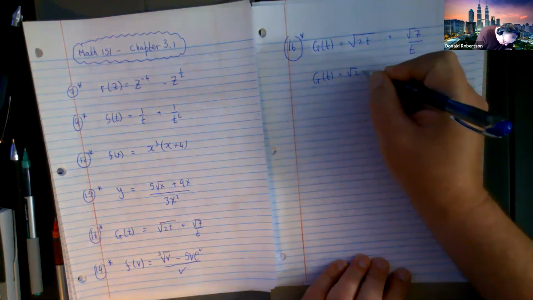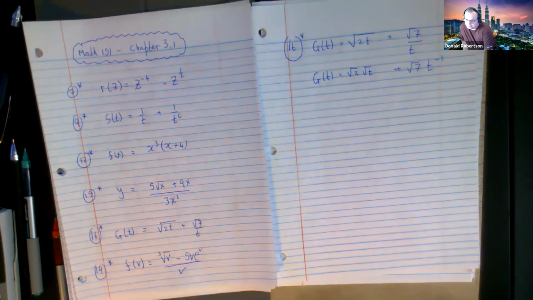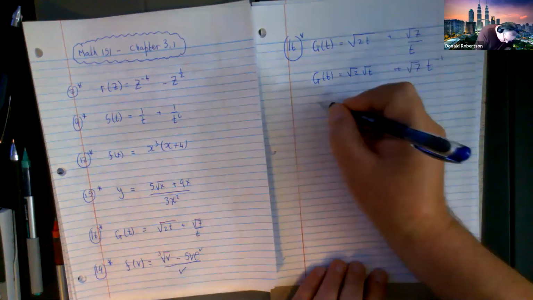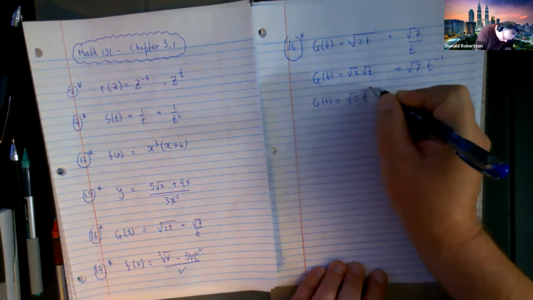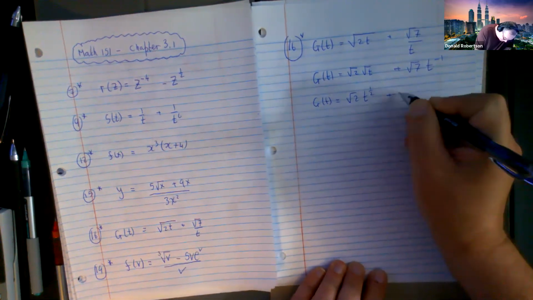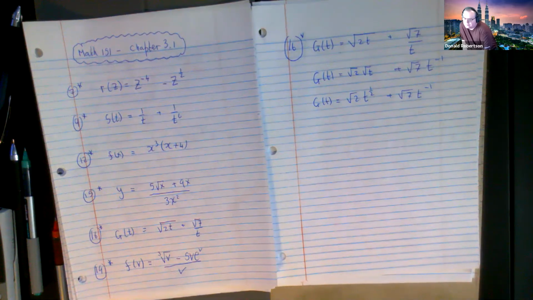Because I'm going to have to split them into that. And then I'm going to have to call them that. Do you notice that the 2 and the t have to get separated?